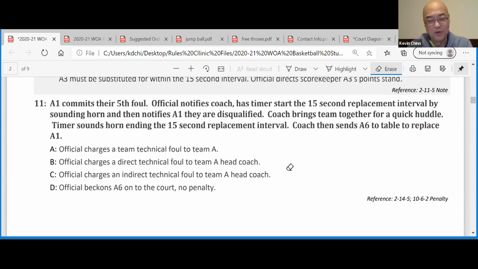That's right. He ignored the interval pretty much. He didn't even attempt to bring somebody in. And that's the crux of this question. They're trying to tell you that he's disregarding the 15-second rule because he's having a huddle, and then the horn goes off and then he gets somebody to the table. Does that make sense? It's very subtle.